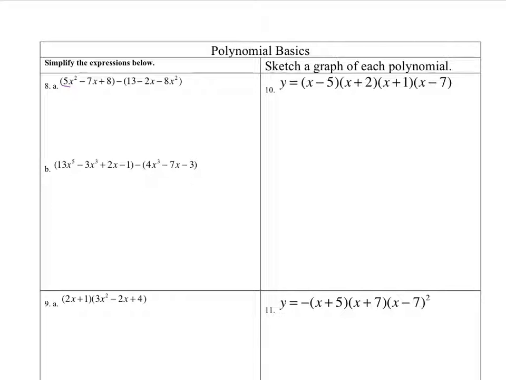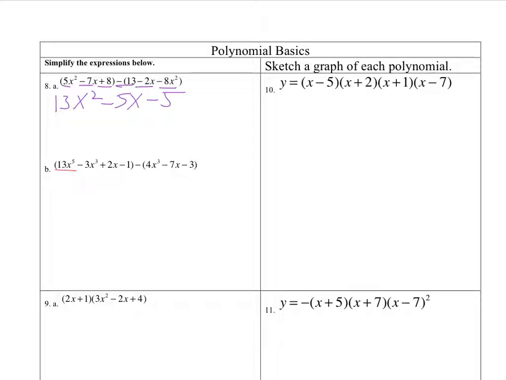Okay, first up, 5x squared minus negative 8x squared is going to be 5x squared plus 8x squared, or 13x squared. Negative 7x minus negative 2x is going to be minus 5x. And 8 minus 13 is going to be minus 5.